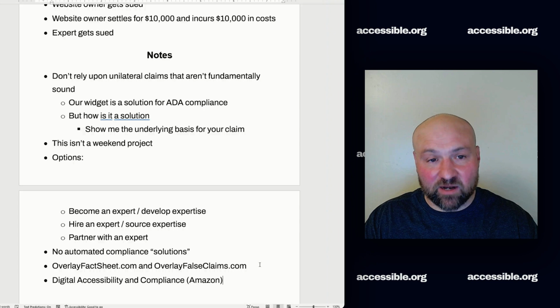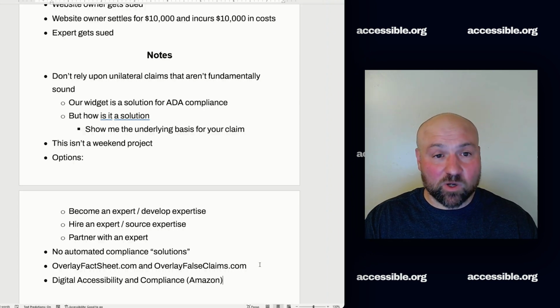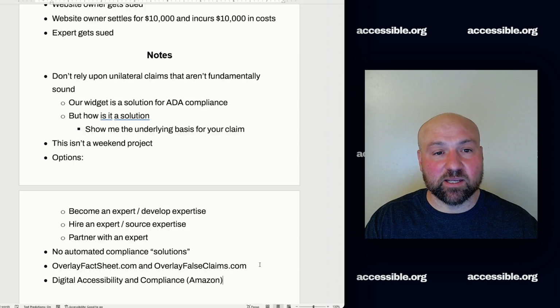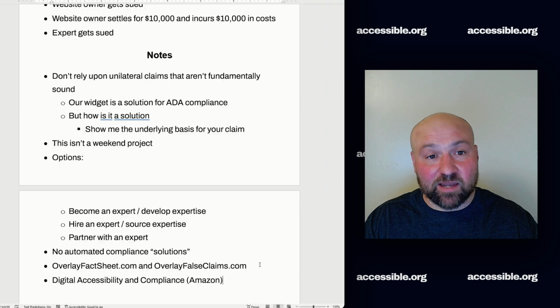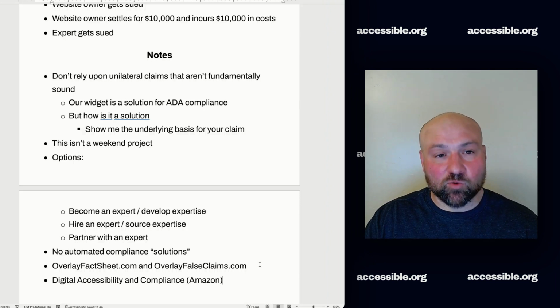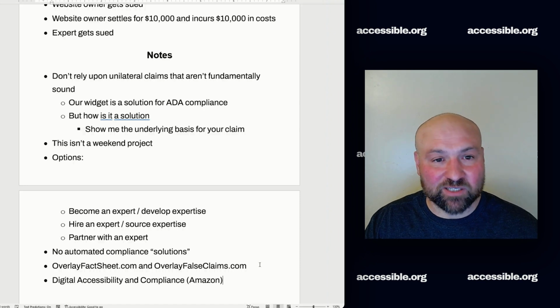So this is a very serious space. Of course, there's also the fact that we want to ensure accessibility, and we want to ensure that the overarching purpose of all this is fulfilled, and that is to make sure that people with disabilities have access to our digital experiences. So that's why I rail against overlay widgets, because they don't do that. They just say they do.